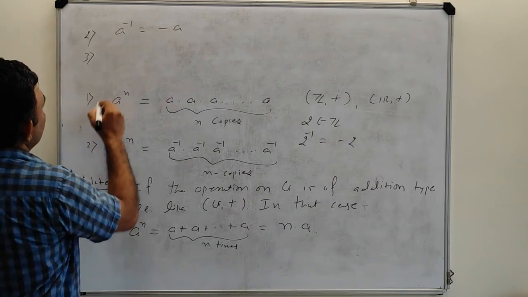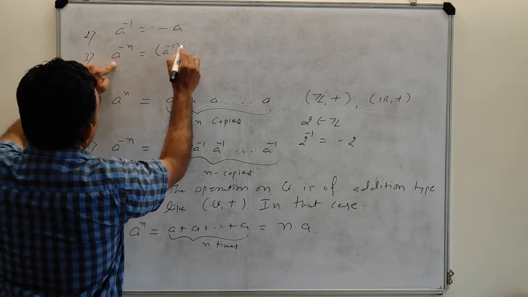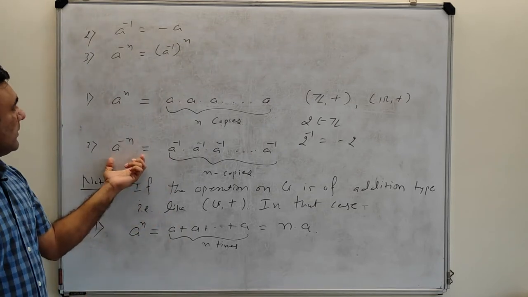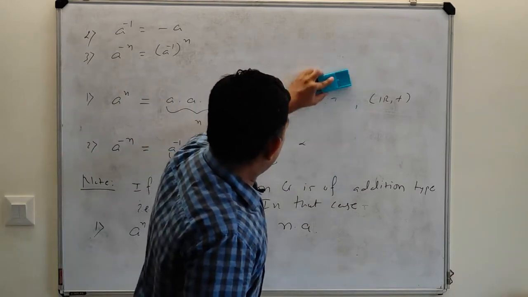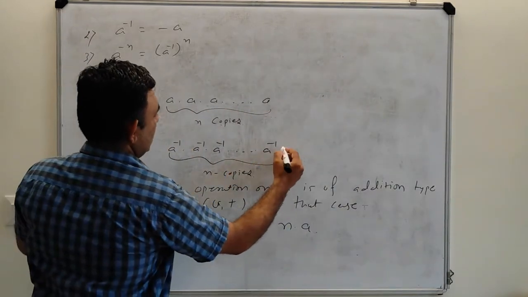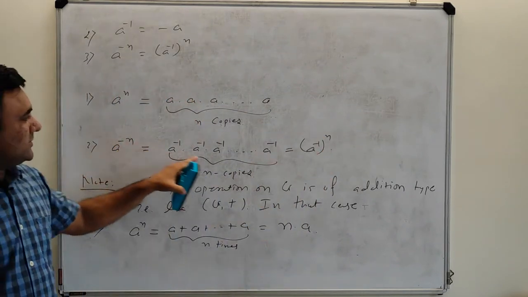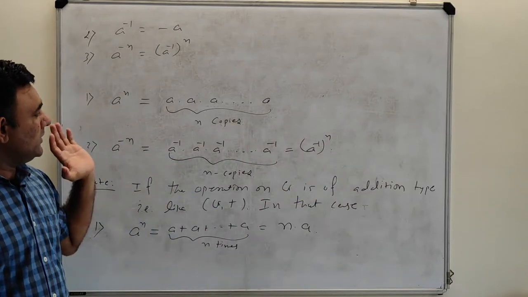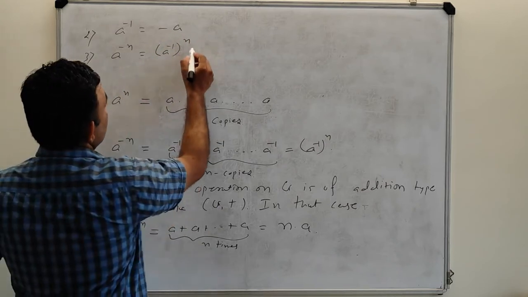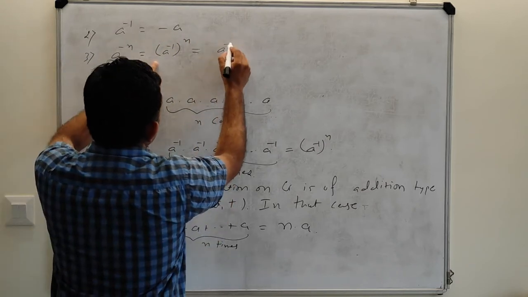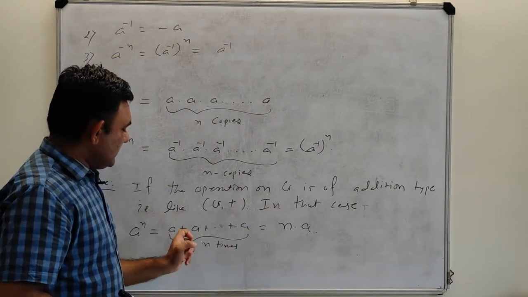So if I consider this, then a raised to minus n will be what? It is a raised to minus 1, raised to n. In the previous definition, a raised to minus n is a raised to minus 1, n times. Now some element raised to n means a, n times with additive notation.